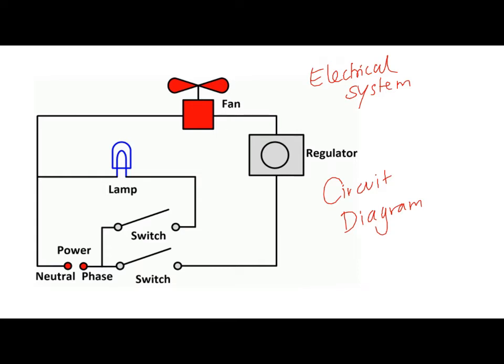It's not to scale, but you can quite easily see how things are connected together, the regulator connected to the switch and the fan and the lamp. But that is a very, very simple schematic of an electrical system.